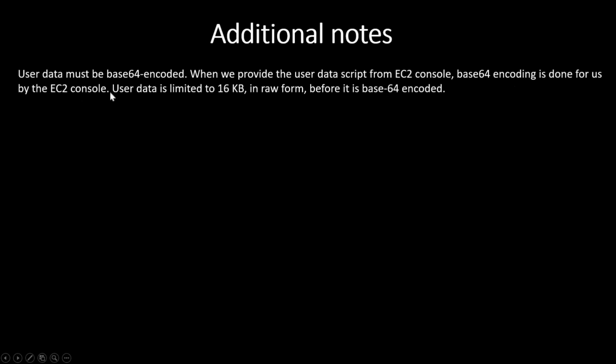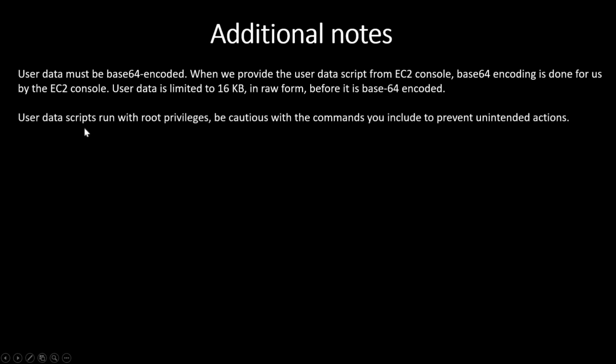So what we did just now, we just copied our user data script into the configurations in EC2 console, and EC2 console did the base64 encoding of that script for us. But if you are creating your EC2 instance using AWS CLI, then you need to pass the user data script in base64 encoded format. And user data is limited to 16 KB in raw form before it is base64 encoded.